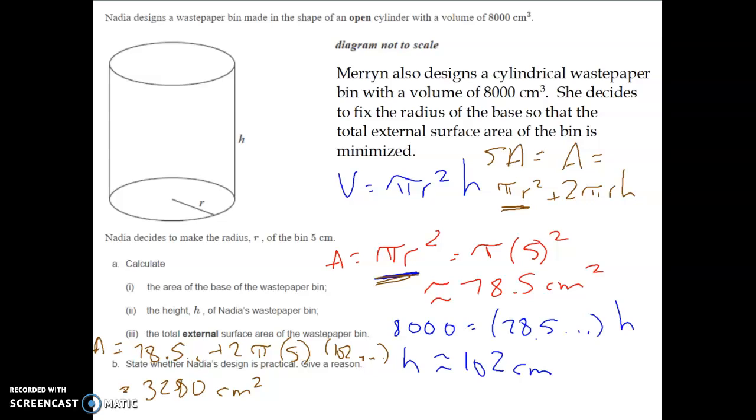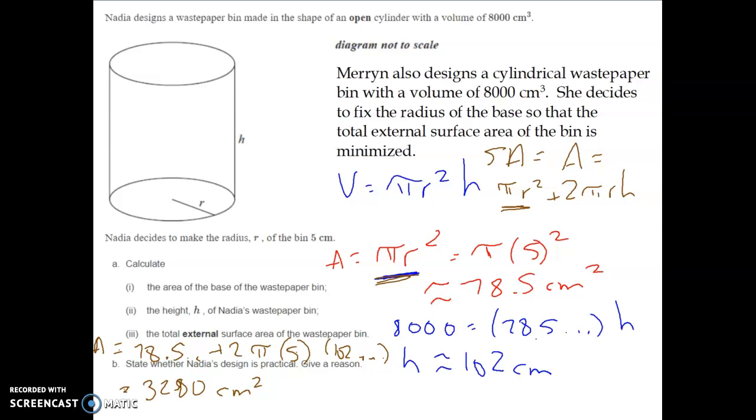All right, and then part B, which you can barely see there, it's all hidden up in the other words. Part B says, state whether Nadia's design is practical. Okay, so think about this. The waste paper bin that she has created has a radius of 5 centimeters, which means it has a diameter across the whole top of the bin of 10 centimeters.